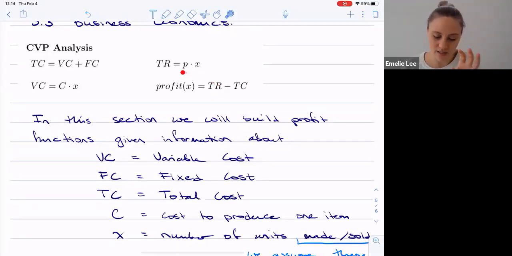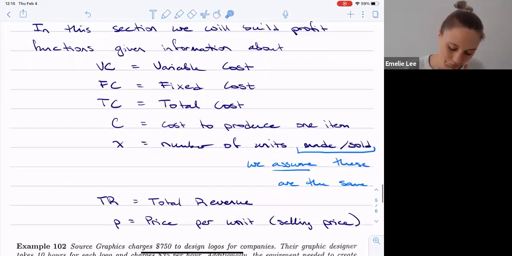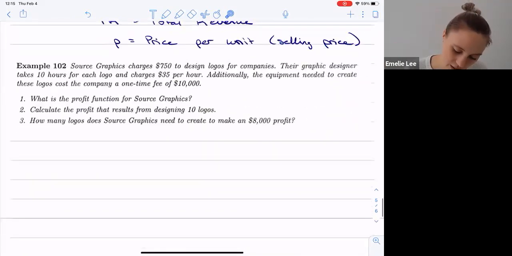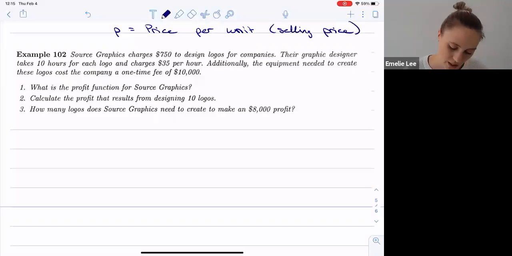So then I substitute my total revenue for P times X, and then I can substitute my total cost, remembering that the variable cost I can calculate, right? And so I start here at the profit function if that's what I want, and it will be. And then I just bloom out and fill it in. Lots of ways you can do it, but that's how I do it.